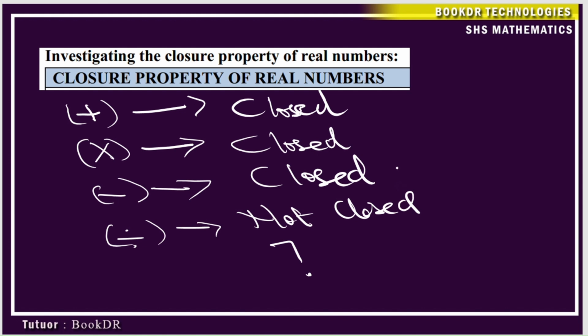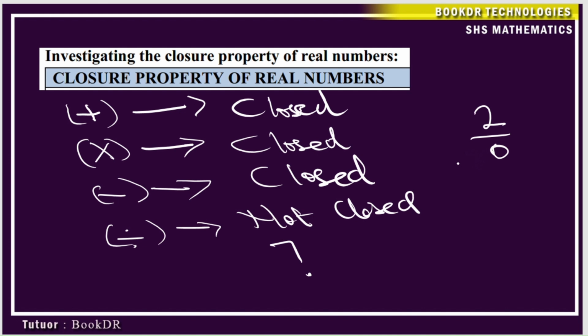When any two real numbers are divided, the result is always a real number, but not when the divisor is 0. So for instance, 2 divided by 0 is undefined in mathematics.